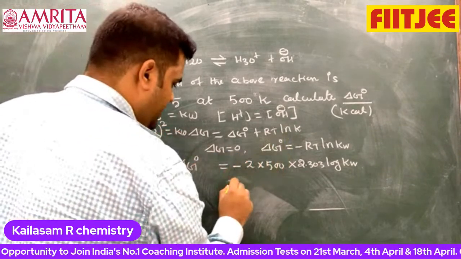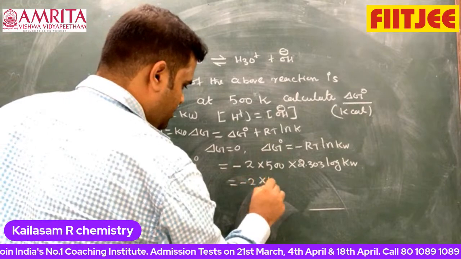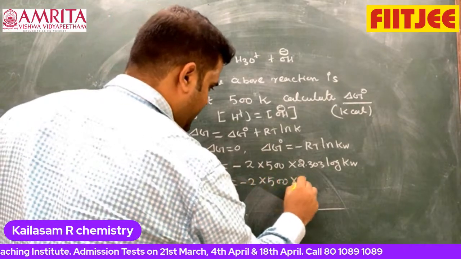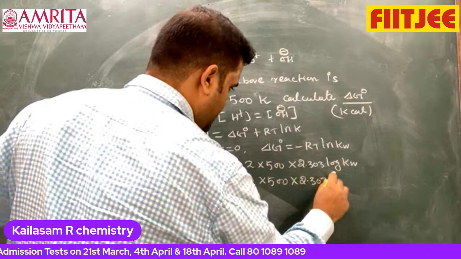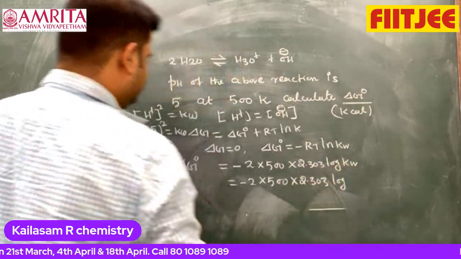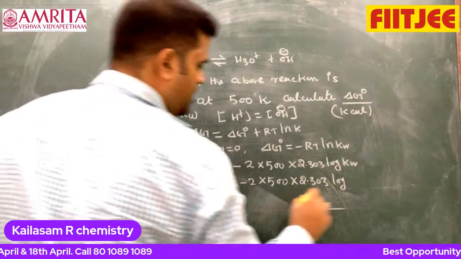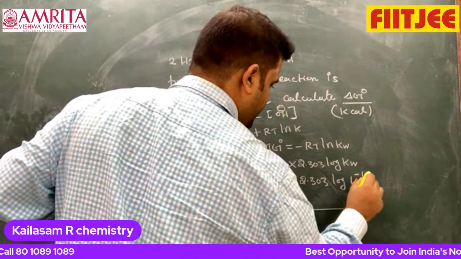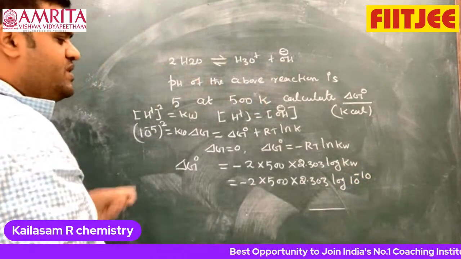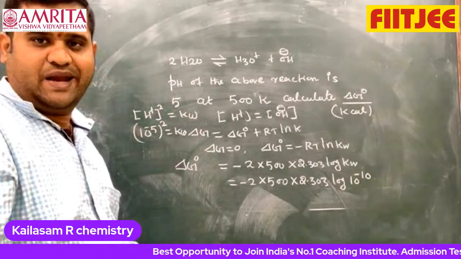Therefore I can substitute that minus 2 into 500. I can write that 2.303 log of 10 power minus 10. Right?